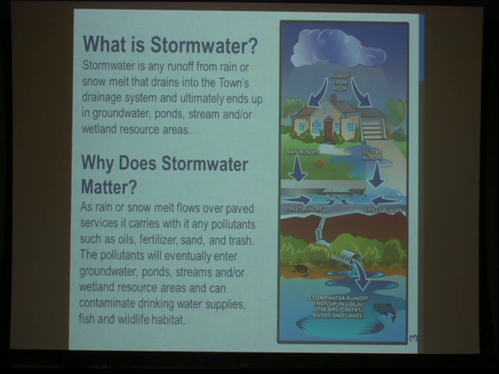So it carries with it any pollutants such as oils, fertilizers, sand, which is sediment, trash, and dog waste. These pollutants eventually get into the water and drain out into our ponds, streams, and wetland resources. So that's what we're trying to stop today. In essence, that's what illicit discharge is, but we'll go into more detail.